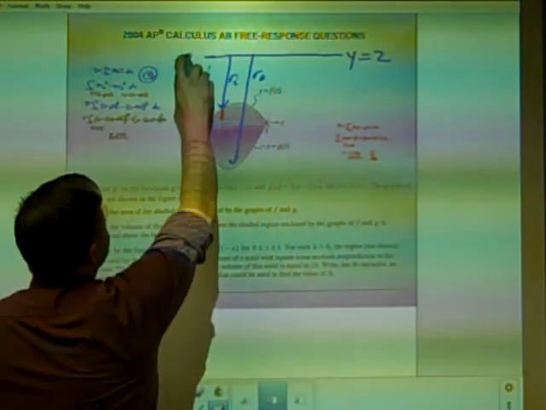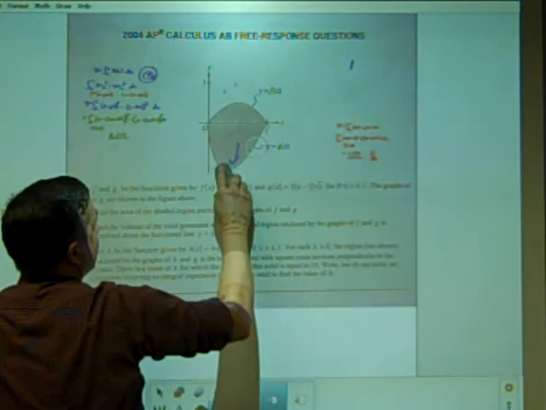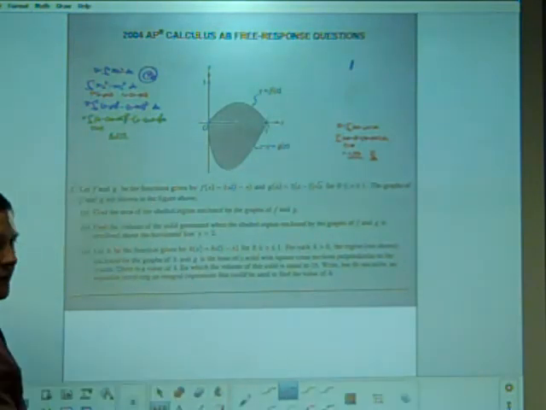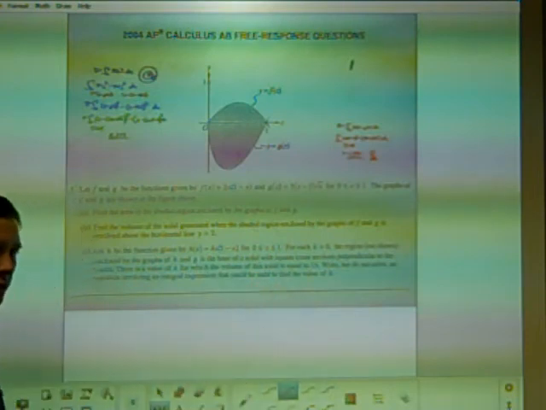Okay, so I'm going to erase my thing. They're giving us a new function. They're using g of x, and they're giving you a new function h of x. And instead of revolving around and using a ring or a washer, they're saying the cross-sectional areas are squares. So again, I would start with this.